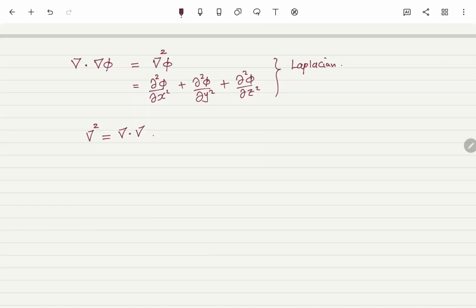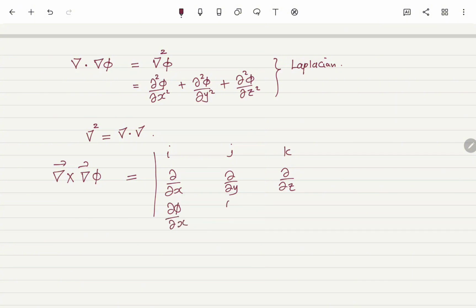Now, let's discuss the curl of the gradient of phi, equal to, again, open a determinant: i, j, k, partial x, partial y, partial z, and the gradient is partial phi partial x, partial phi partial y, partial phi partial z.